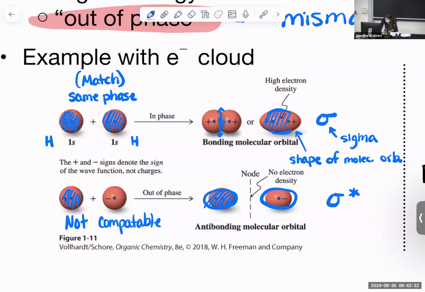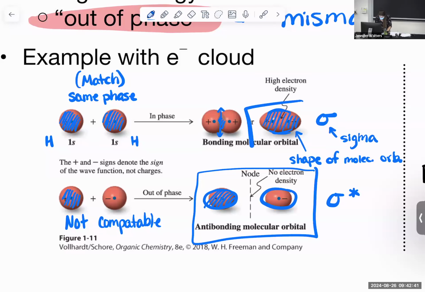And this should have also been shaded, since it was shaded coming together. So this whole thing is the shape of your sigma star. They repel each other away.